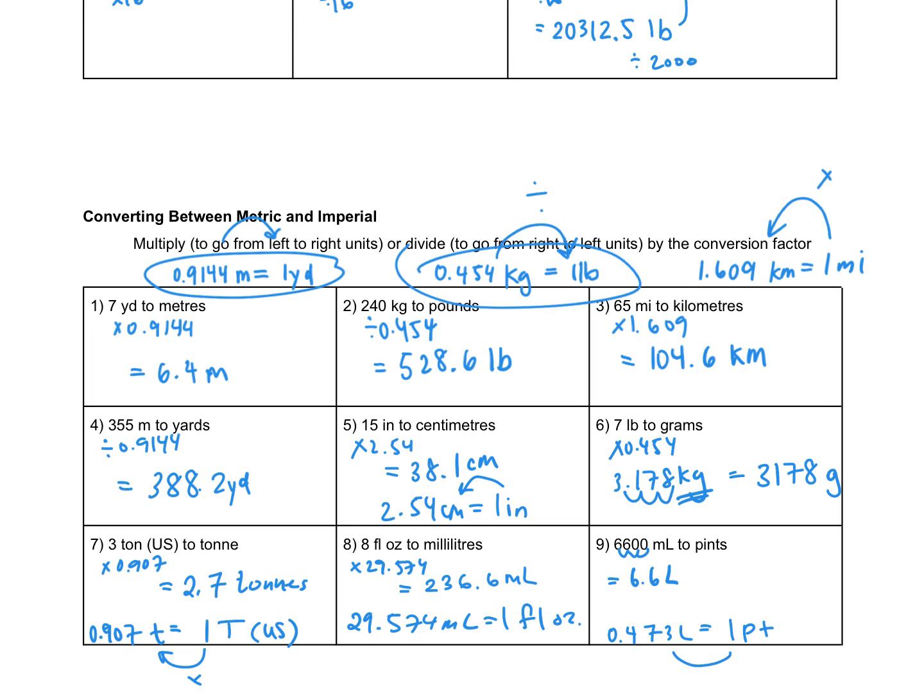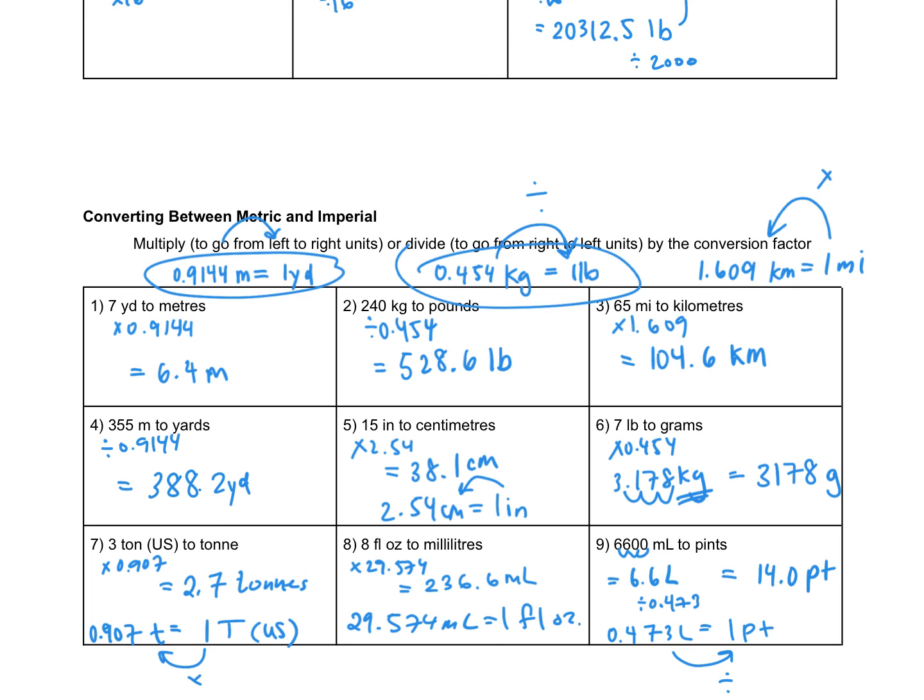I am trying to go from liters to pints. I want to see how many times can I remove 0.473 from 6.6, which implies division, and it's approximately 14.0 pints. And that's it for your conversion.